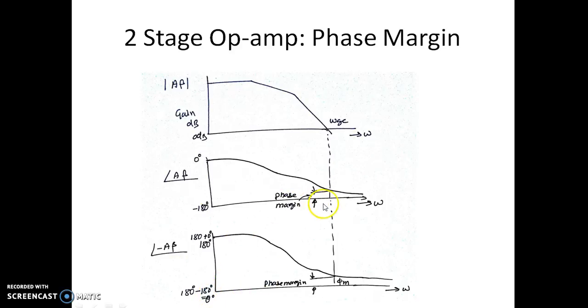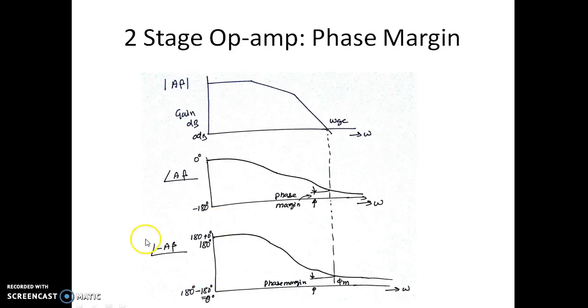So instead of measuring the phase margin from minus 180 degree to this omega gc point, if you plot the phase of minus A beta, the phase difference from 0 degree to this phi of omega gc happens to be the phase margin. Instead of plotting it from 0 to minus 180, you plot it from 180 to 0. Here the difference was from minus 180 to this point, now it is 0 to this point. So there is no change in the magnitude of the phase margin.